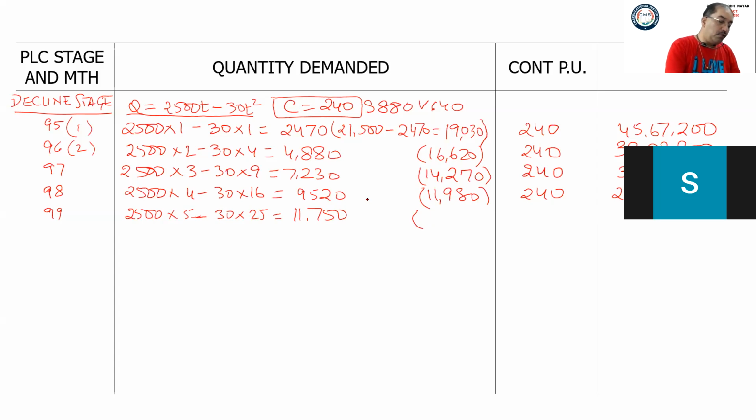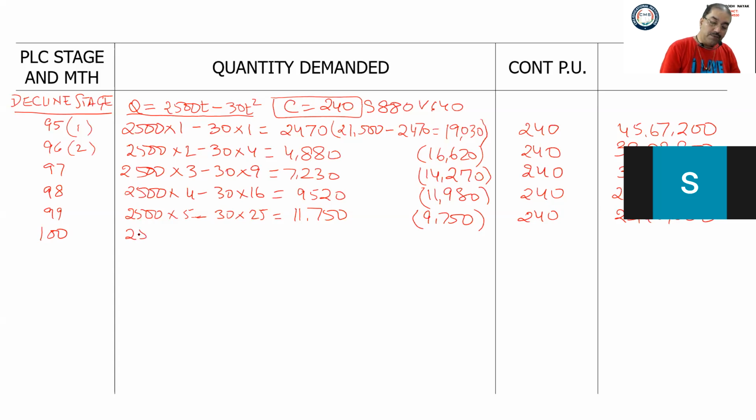Sorry, 9,750. 9,750 into 240. 23,40,000. So you can see that because of competition, my profit, my contribution is coming down.